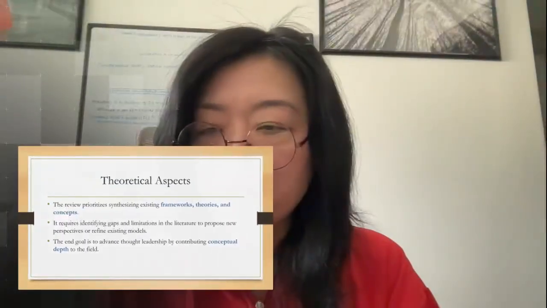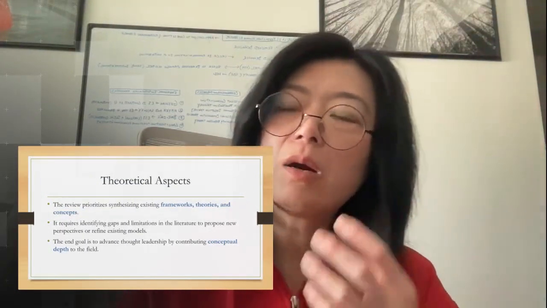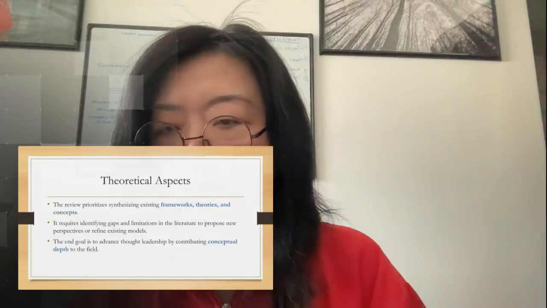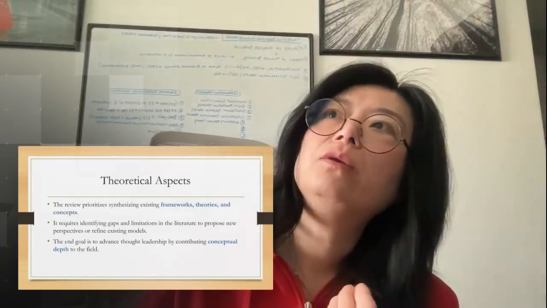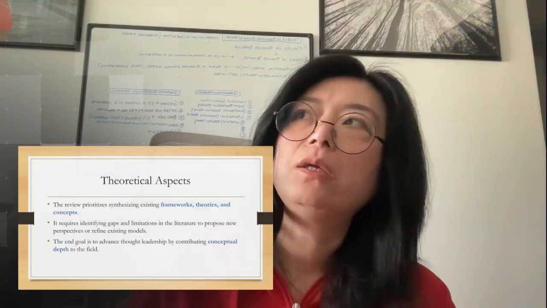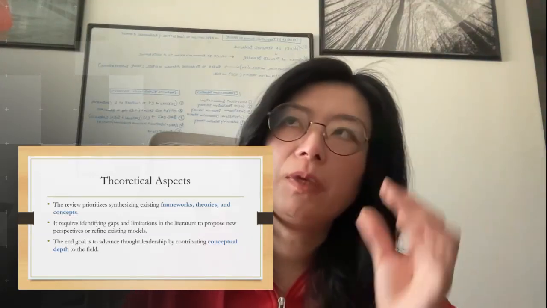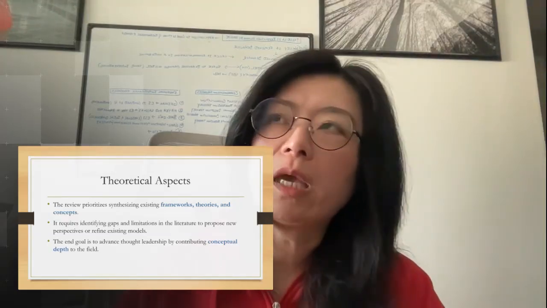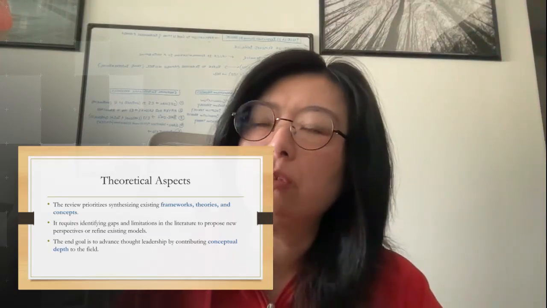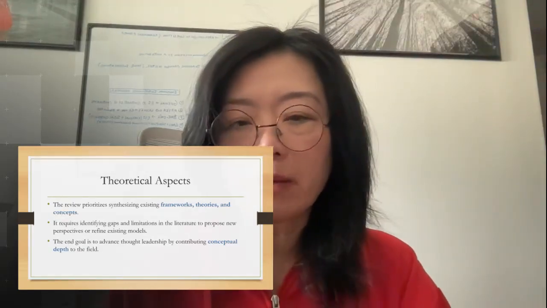Propose a new perspective on it, or perhaps recommend how this could be further refined. At the end of the day, what you're doing is taking these old theories and adding something new or looking at it from a new perspective. And it is only in this way do you add to the academic landscape. So that's how you should think about that.